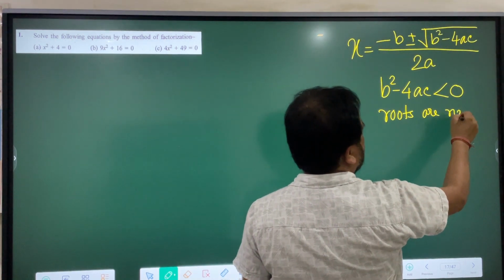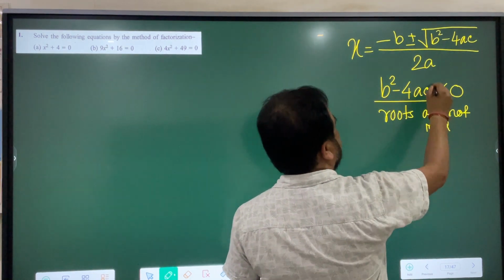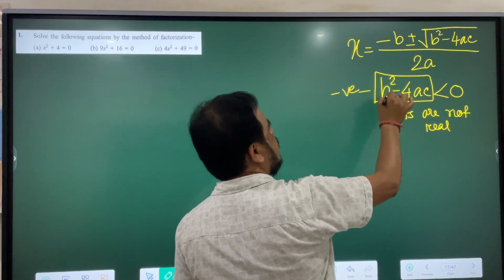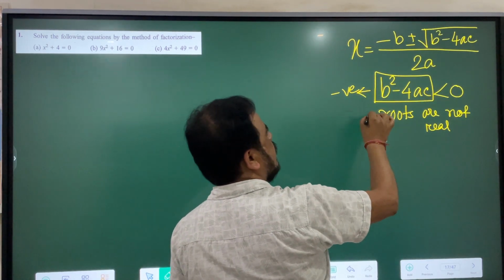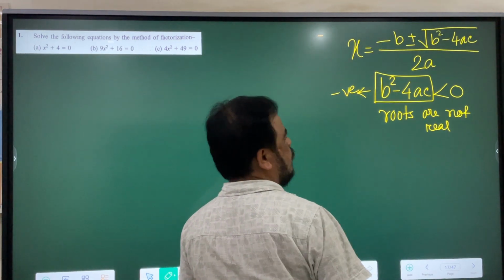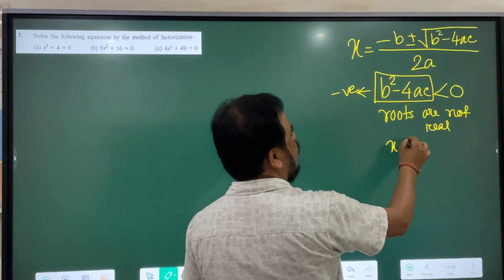are not real. That means if the calculation of b square minus 4ac is negative, less than 0, then roots will not be real. What is my meaning of root? Root means the value of x.